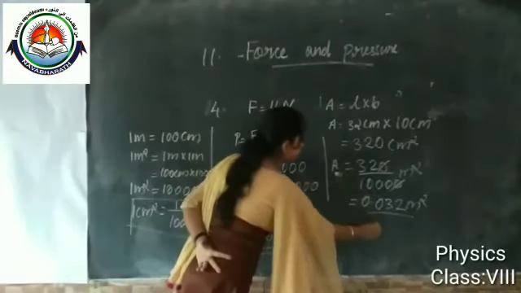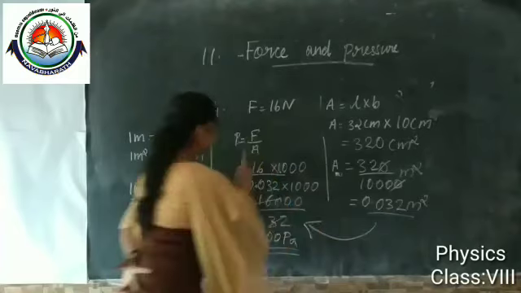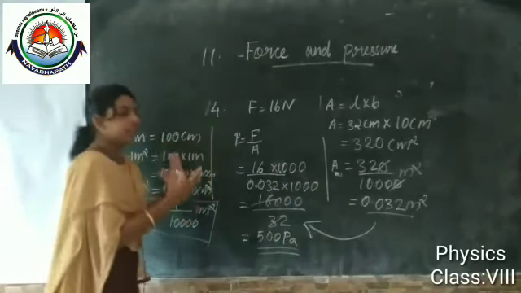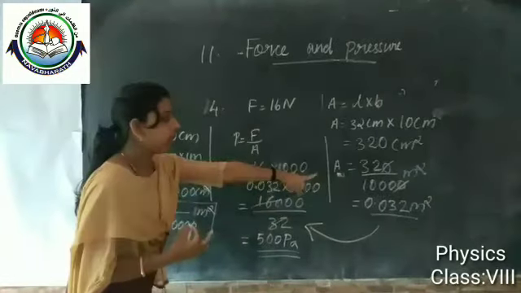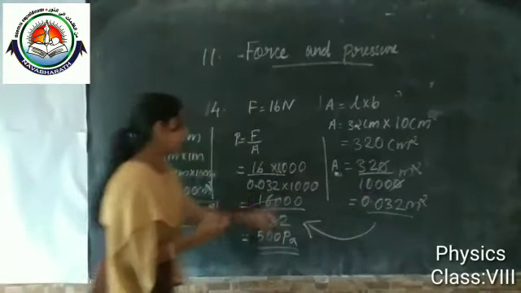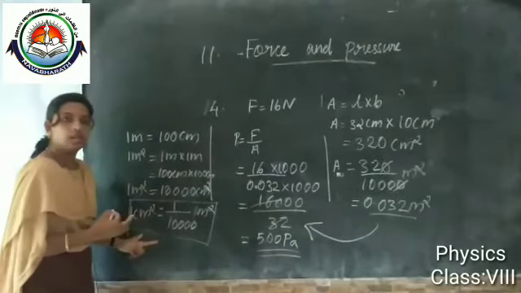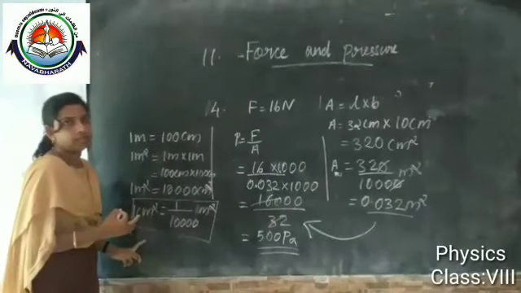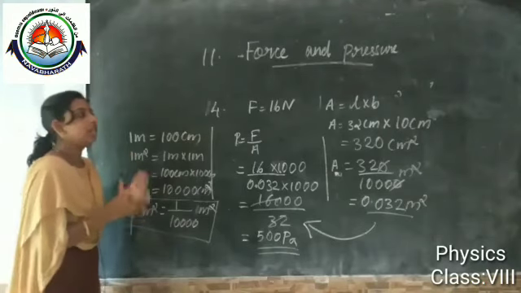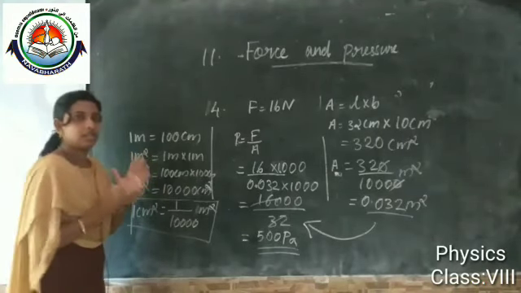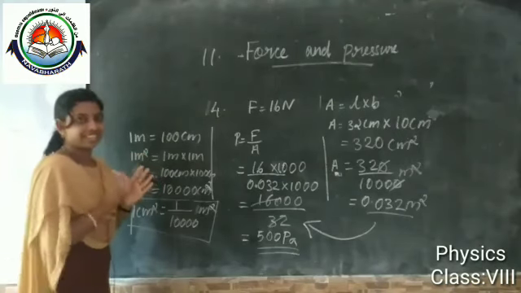So after writing this, you have to write how this 10,000 is coming, you can write it this way. So that's all about the fourth answer. You just try to learn this.